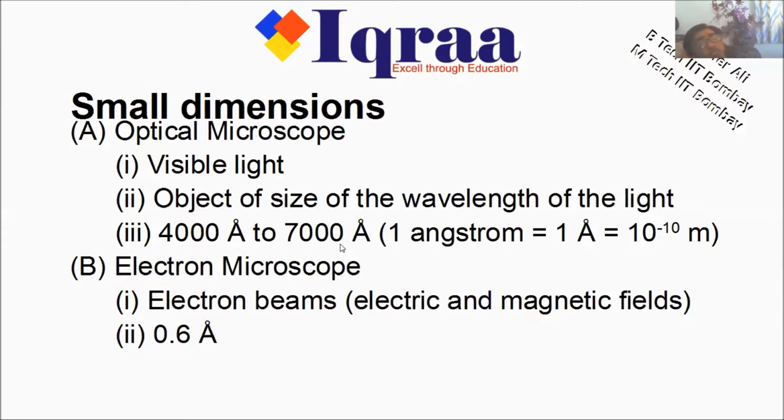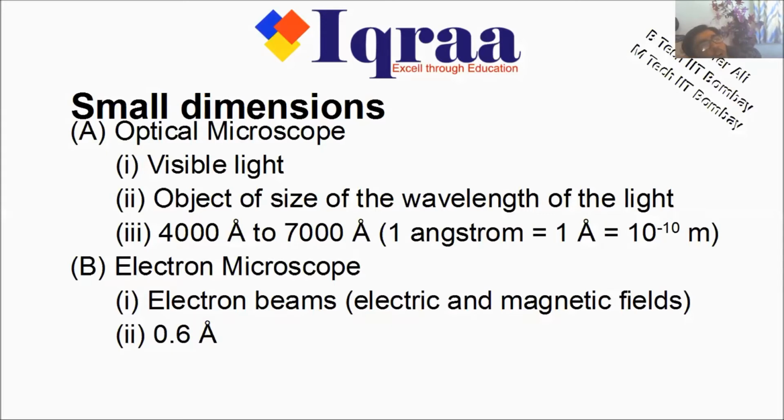But suppose we want to measure very small sizes, like the size of an atom, which is of the order of 4000 angstrom to 7000 angstrom, then we can use an optical microscope.